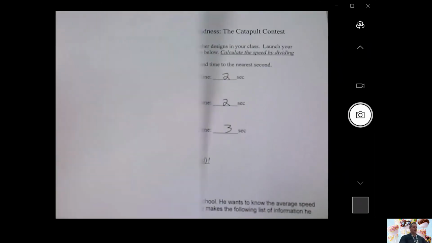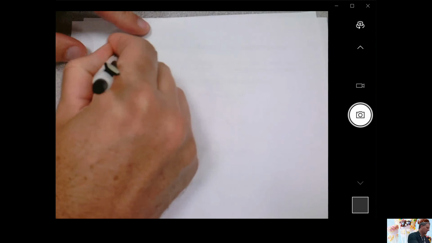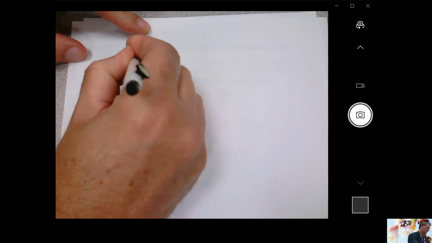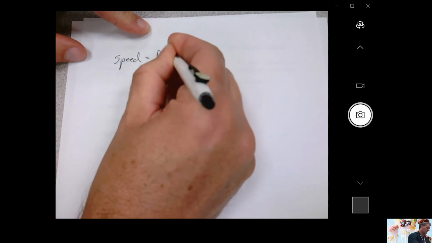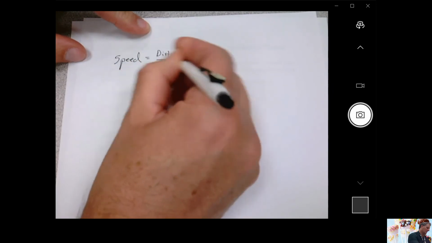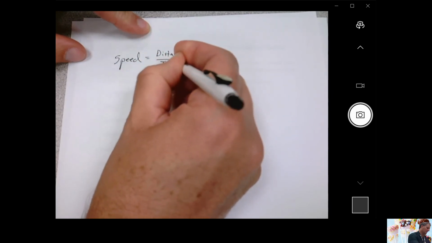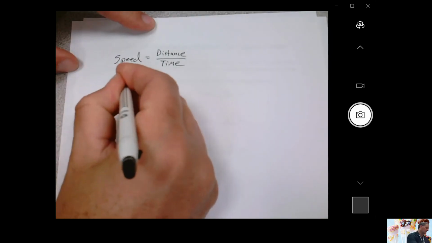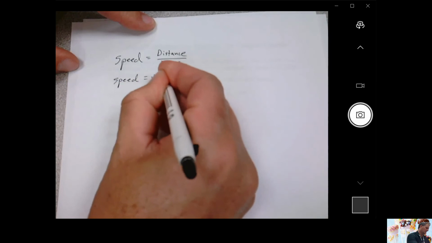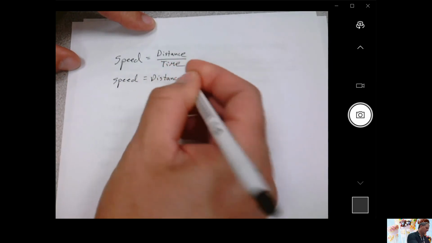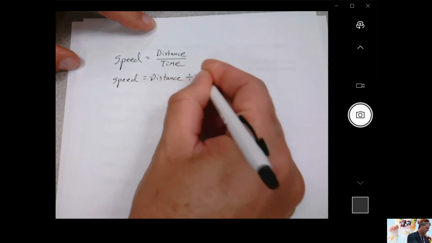And how we can do that is just remember, speed equals distance over time, or you can say speed is distance divided by time.